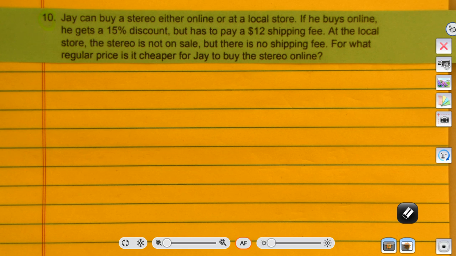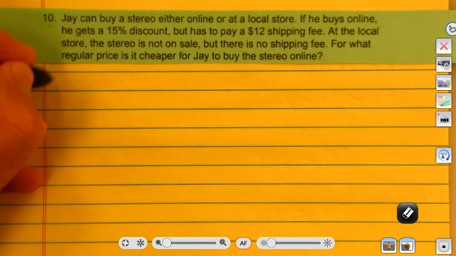So let's look at one more word problem. This one says that Jay can buy a stereo either online or at a local store. If he buys online, he gets a 15% discount, but also has to pay a $12 shipping fee.